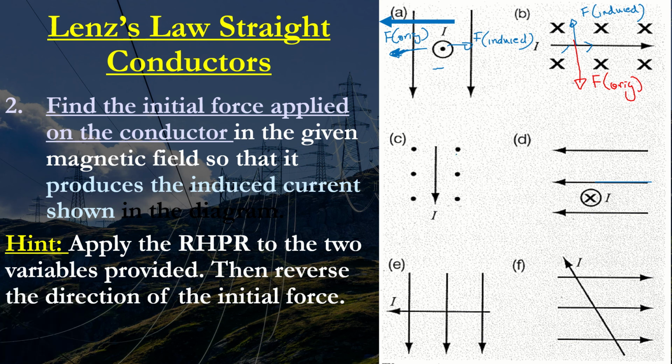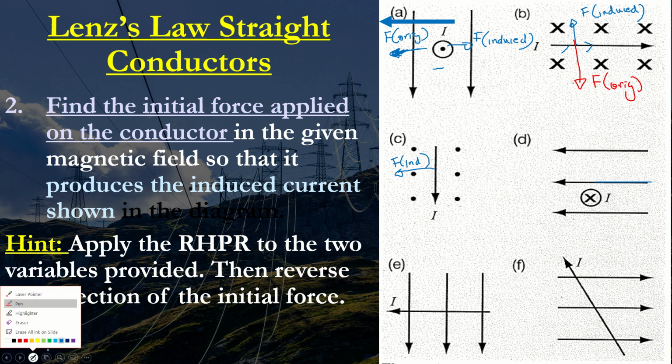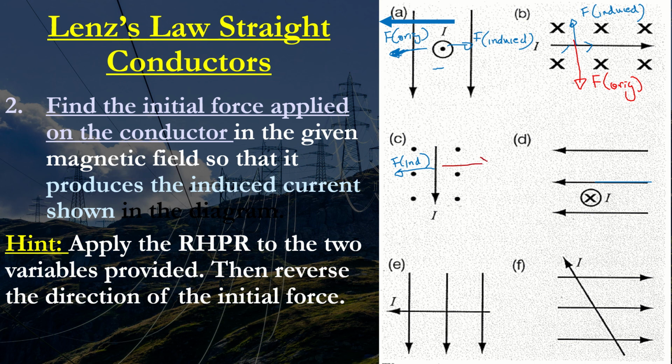C. Thumb coming down the page, fingers pointing out of the page. The induced force is going in this direction, which means the original force is going in that direction. D. Thumb is going into the page because it's the current.